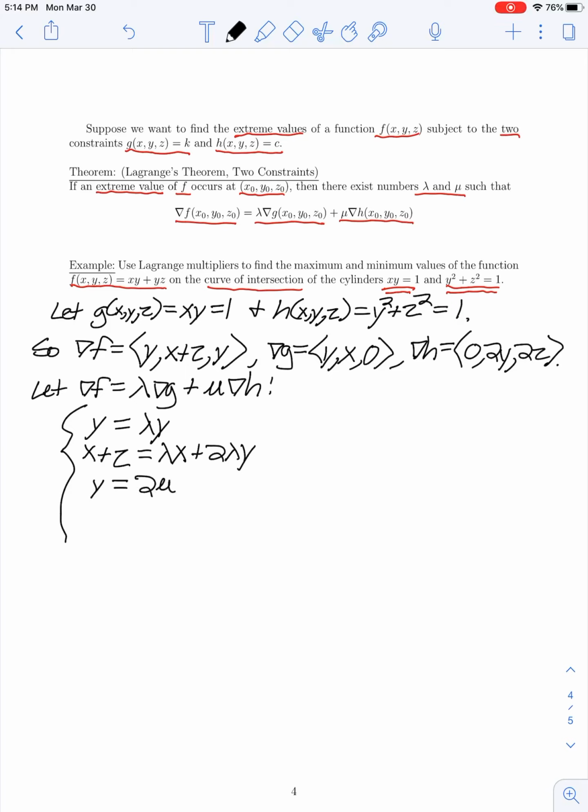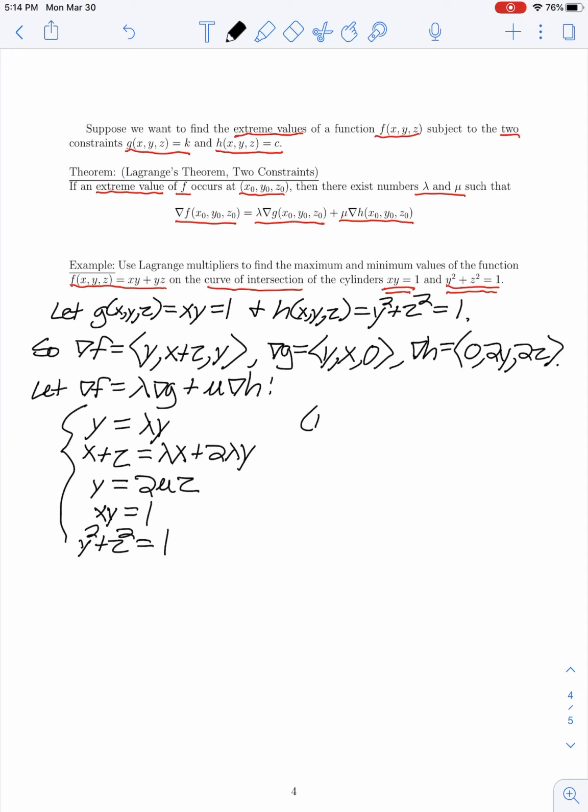For our third components, we would have y is equal to lambda times 0 plus mu times 2z, which gives us 2 mu times z. And then we have our two constraints. We have to have x times y be equal to 1, and y squared plus z squared equal to 1.